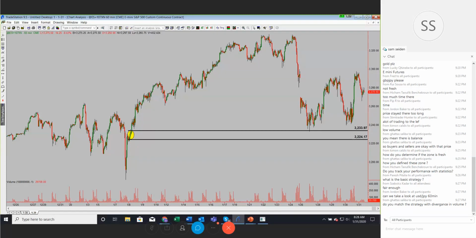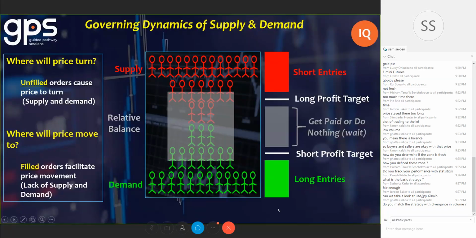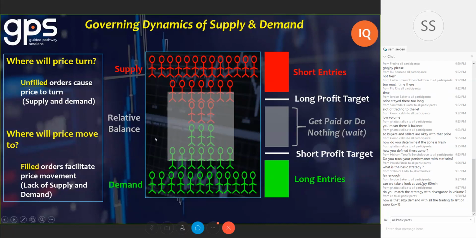It's a good question because you can take trades. Let me show you this, right? So here we have supply, demand, and relative balance in the middle. Obviously, it's not a good idea to take trades in the middle, but there are opportunities in the middle. For me, for example, I'm going to have a lower trade count than a lot of people that I know.